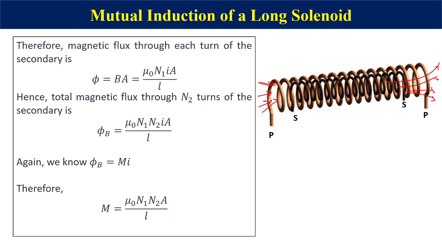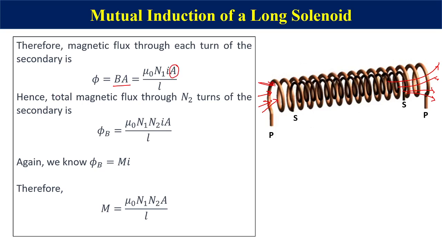All right. So now the secondary coil has N2 turns. But let us first find the flux through each single turn of the secondary coil. That is given by the product of the magnetic field and the area of the secondary, because we have considered the secondary and primary to have the same area of cross section. So the area remains the same. So B into A is equal to mu naught N1 I by L, everything remains the same, just A comes here extra.